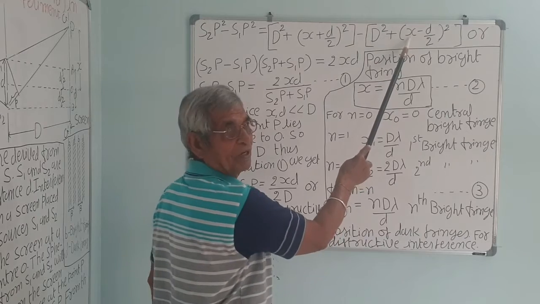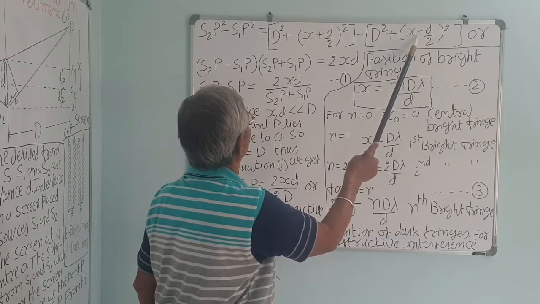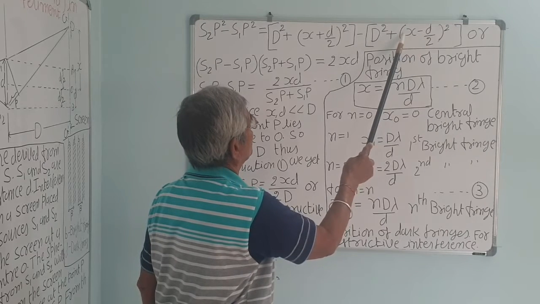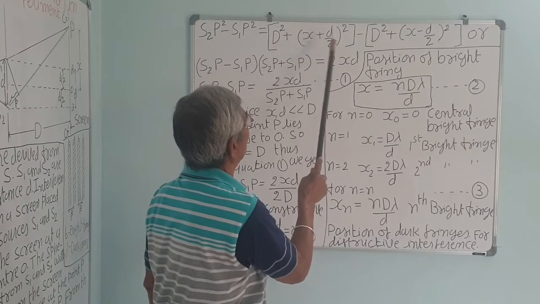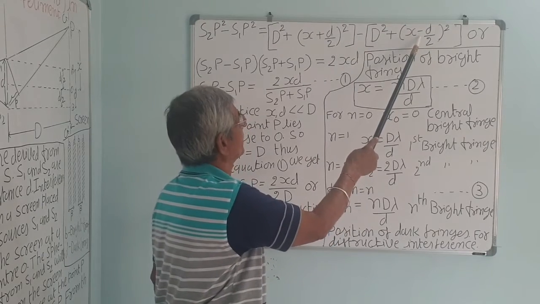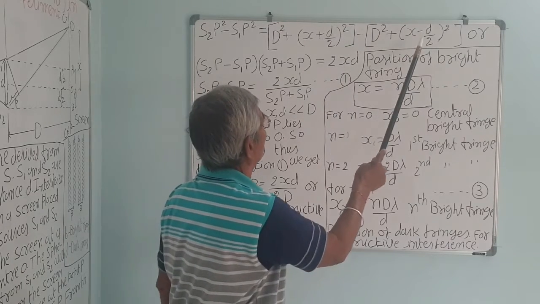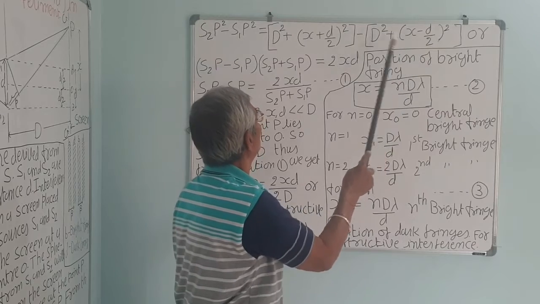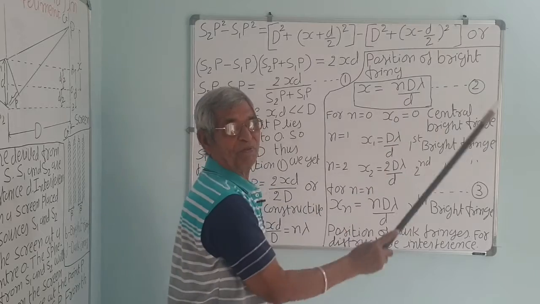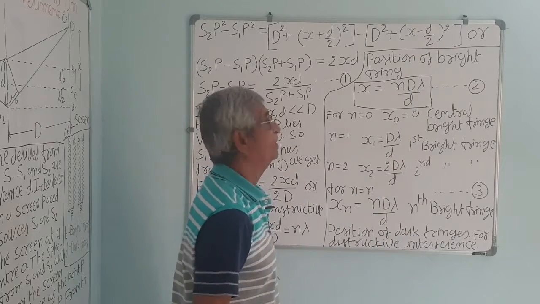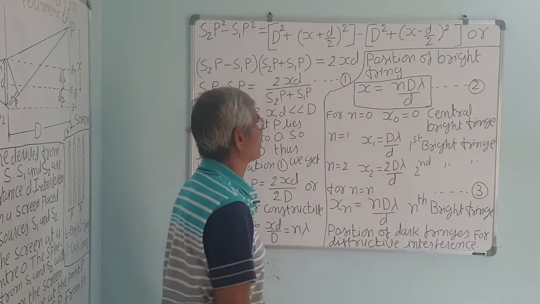The middle terms, xd and xd, get added, giving 2xd. The last terms, d square by 4, also cancel.